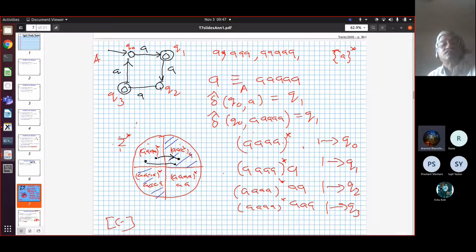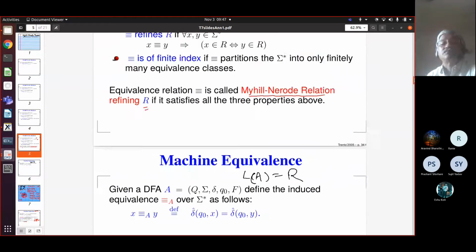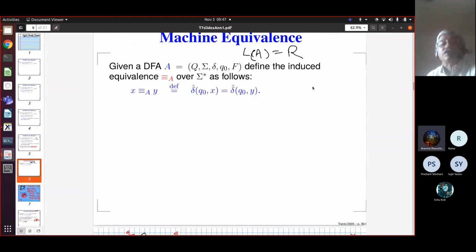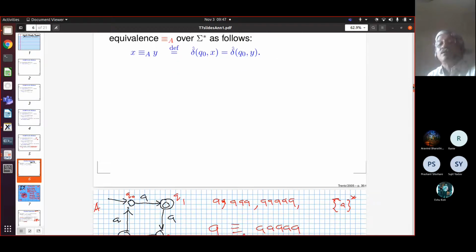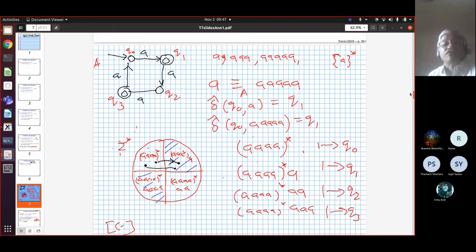So these equivalence classes are defined for the given DFA. That's why it's called machine induced equivalence, and why this equivalence is suffixed with the automaton name A. It's specific to the automaton which is given to you. Now this also happens to be right congruence.